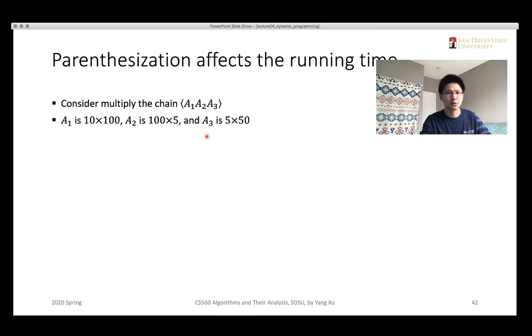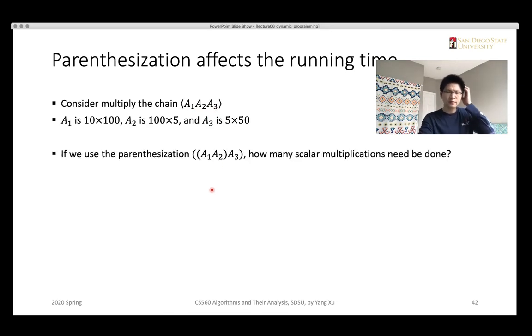It is valid to write a product like A1, A2, and A3. Let's first consider one way of parenthesizing: first multiply A1 and A2 together, and then use their result to multiply with A3.